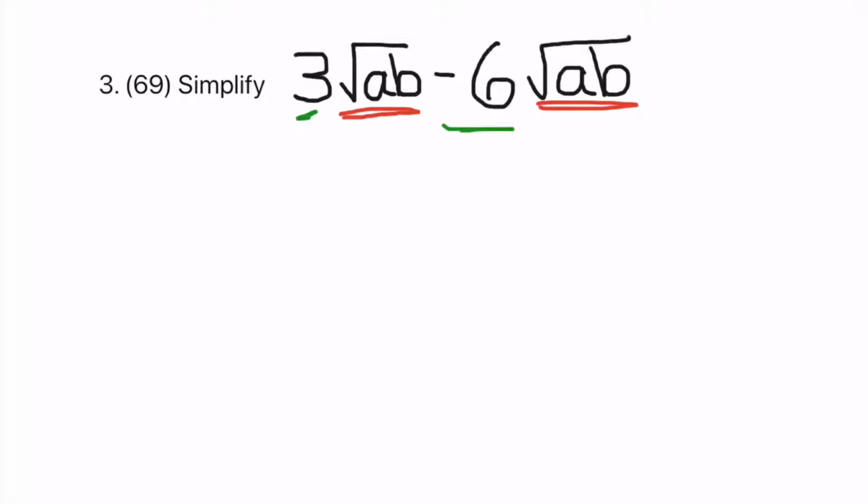I know, again, some of you guys like to go and add, so we change this to add the opposite. So we really have a 3 plus a negative 6. So that gives us a negative 3. And then our radical sign stays exactly the same. So negative 3 root AB.